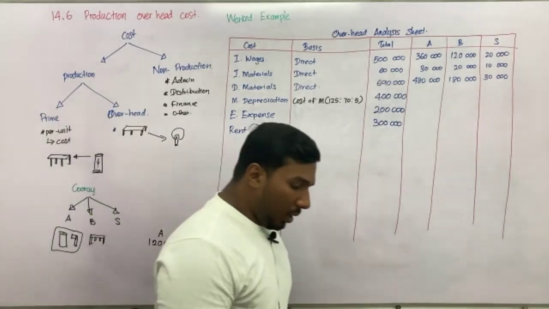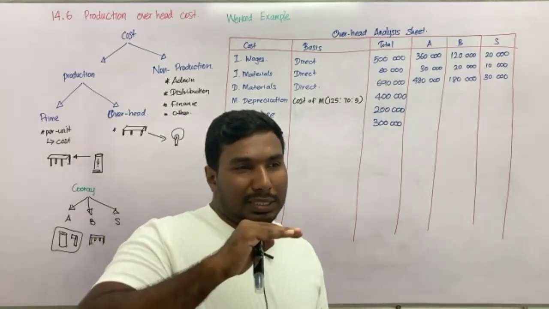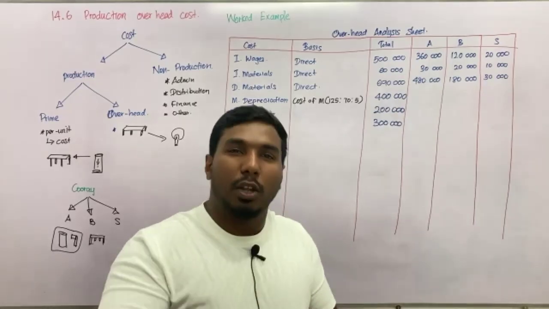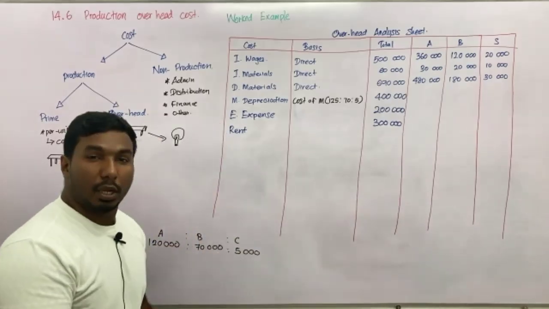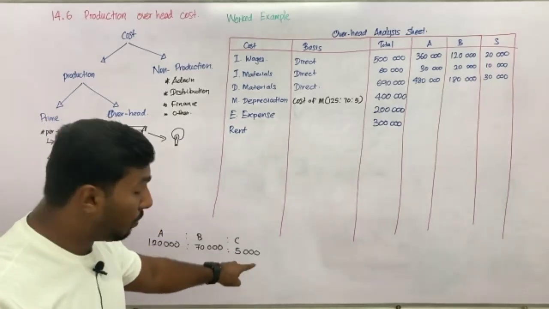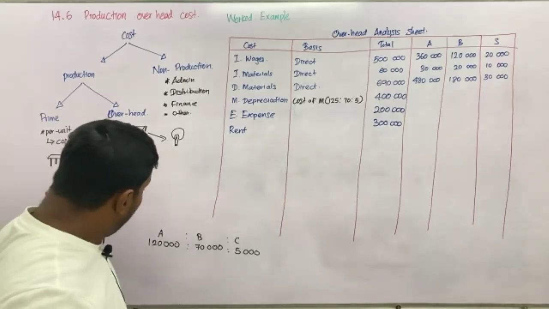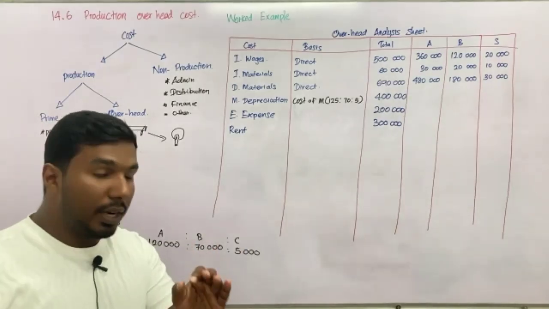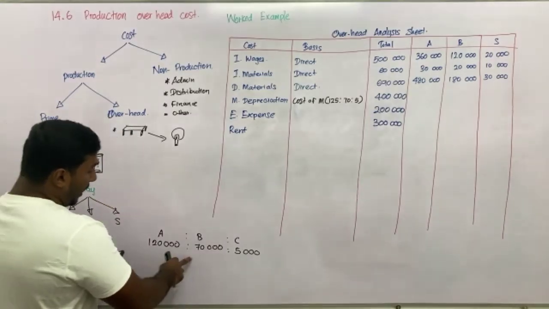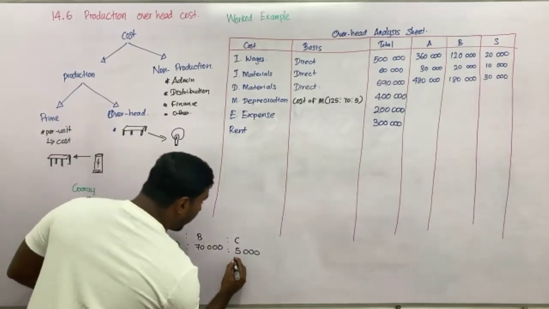But what you can do is summarize that, which means bring down the values for this appropriation basis. How can you do that? There are three numbers. Find a common number which can divide these three numbers. By looking at them, I can conclude these three numbers can be divided by 5,000.